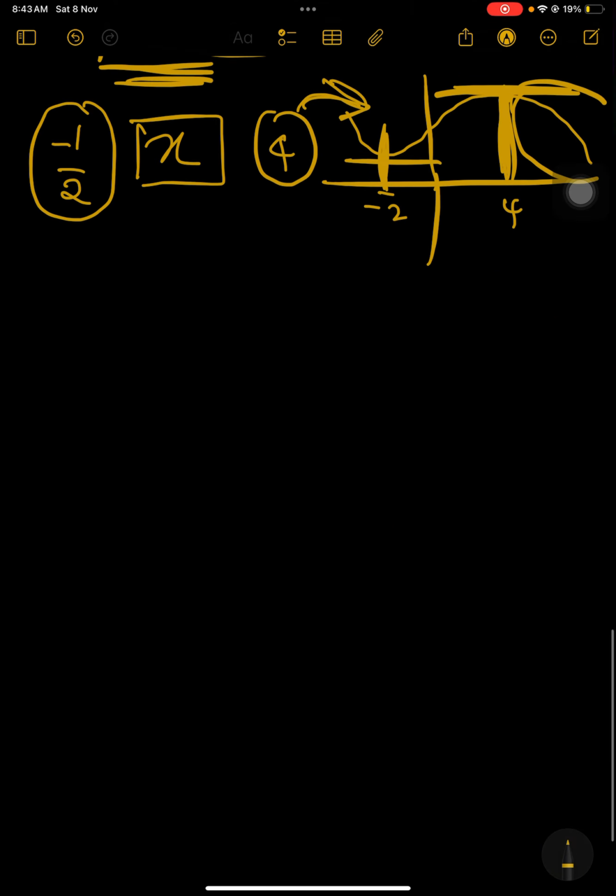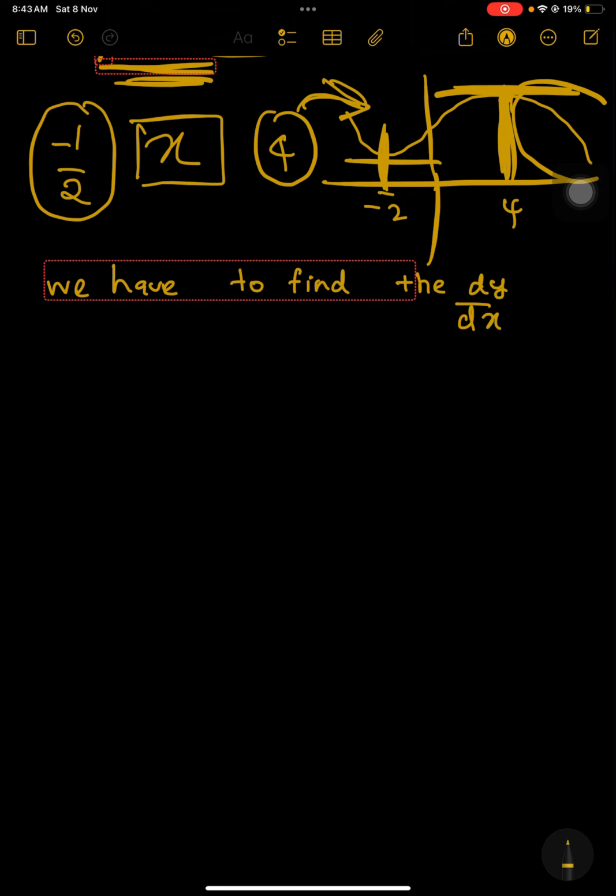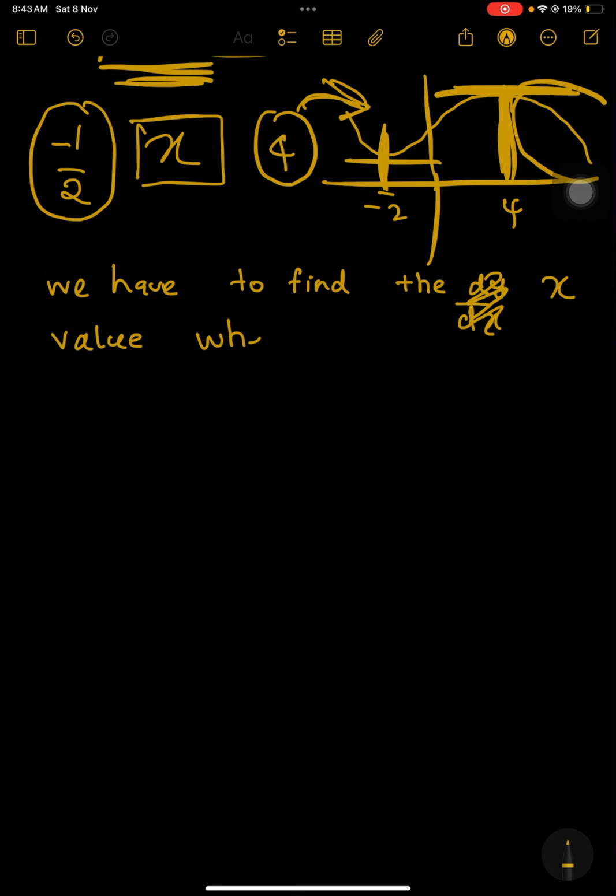So we have to find the x value where dy over dx is negative, I mean the slope angle is greater than 90 degrees.